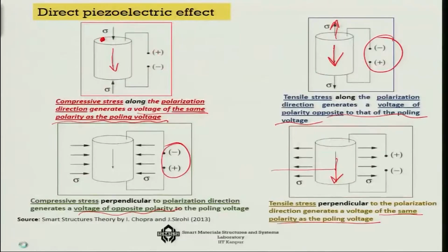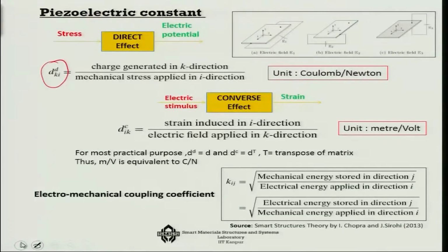So there are two ways of defining it. The first one says that charge generated in the k direction, the d_ki, charge generated in the k direction over the mechanical stress you are applying in the i direction. That is one measure of d.